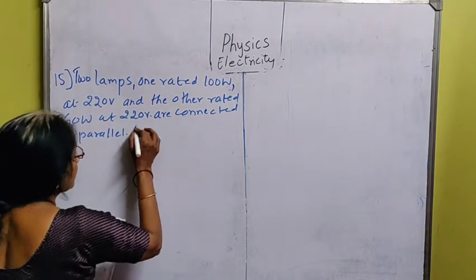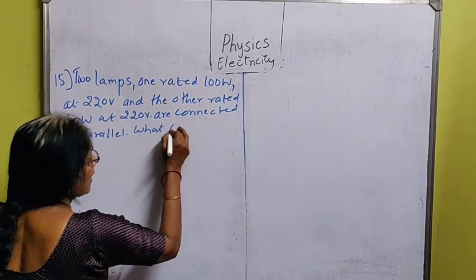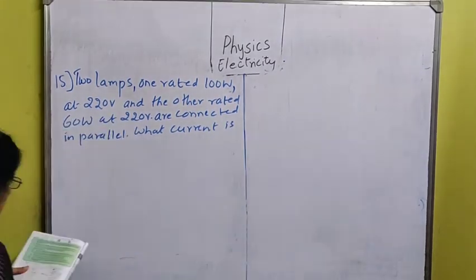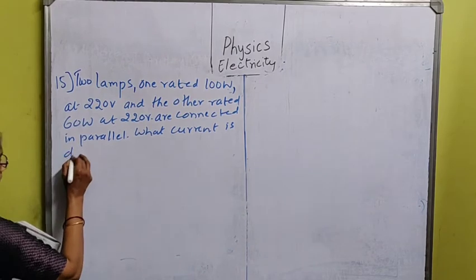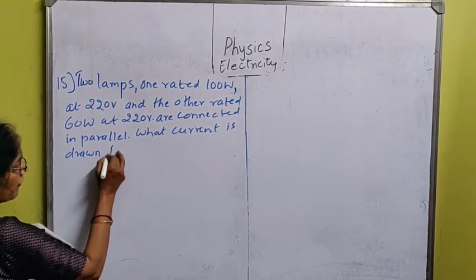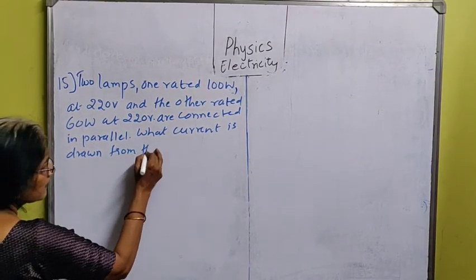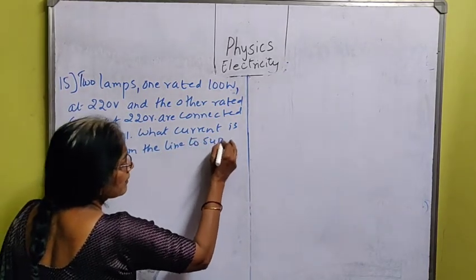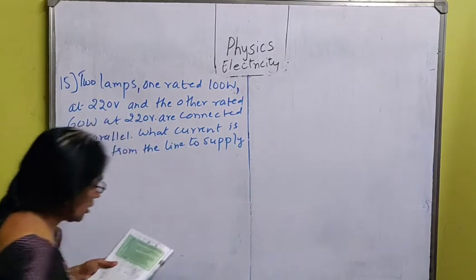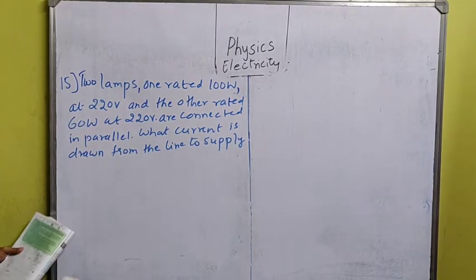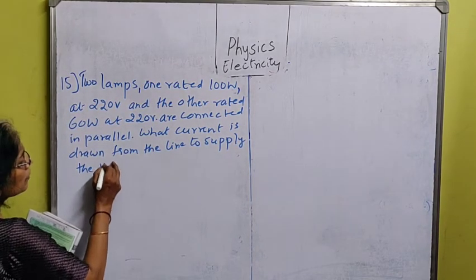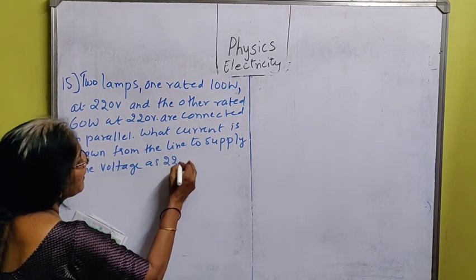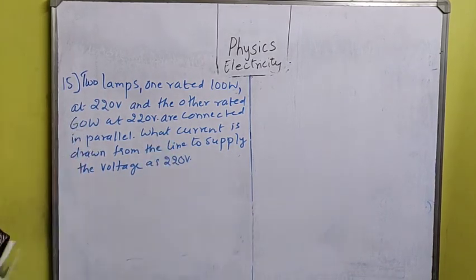You have to find out the total current. What current is drawn from the line to supply the voltage as 220 volt? So this is the question.